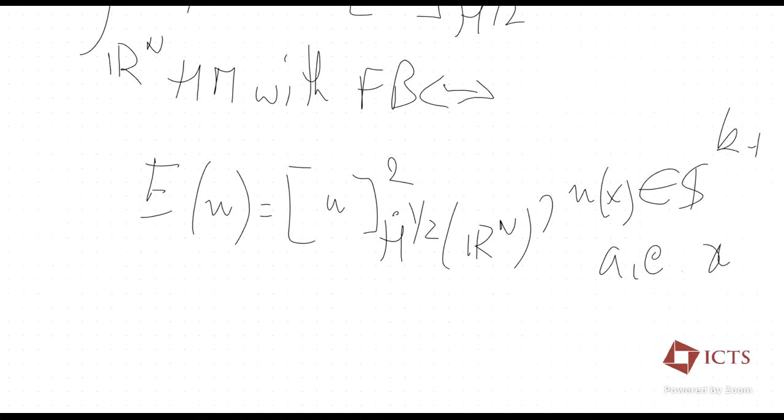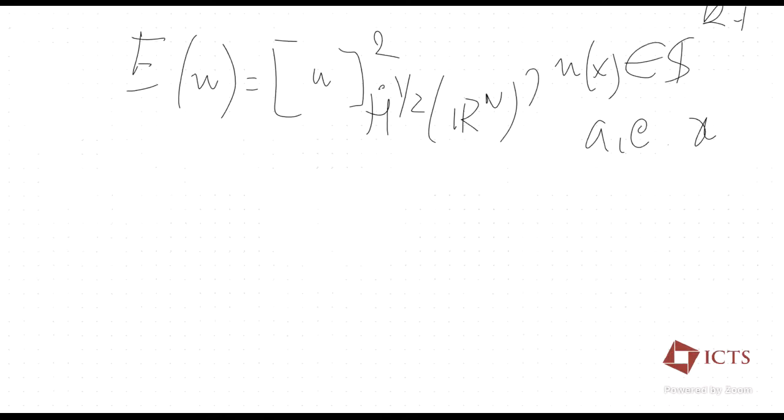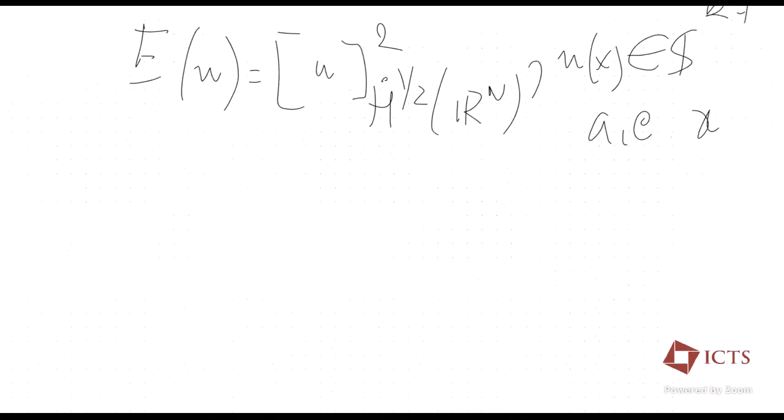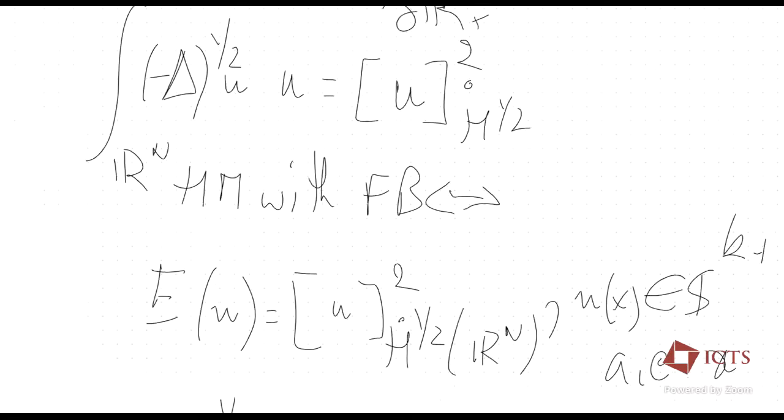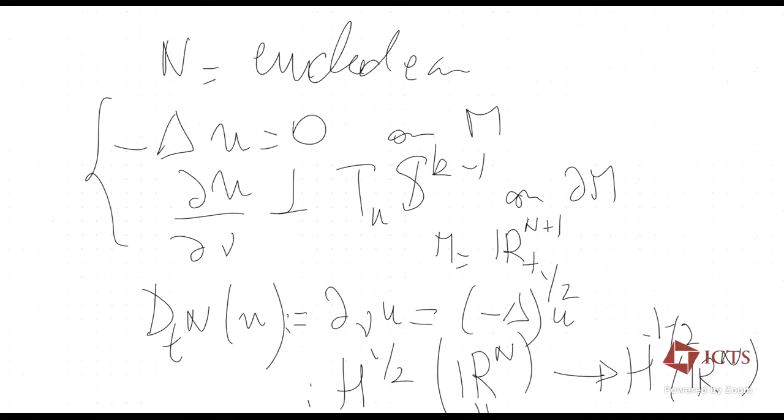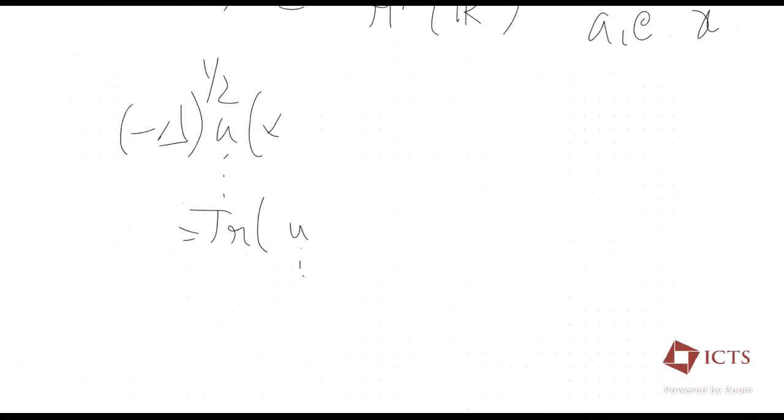If you use a Gagliardo representation of such maps, you get half harmonic maps. So here my u is a trace of u. I call it the same, but this is a trace. u is seen as a trace on R^n, so the trace on the boundary of the domain.